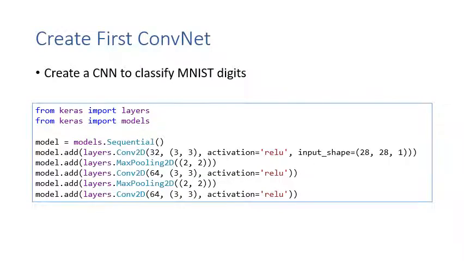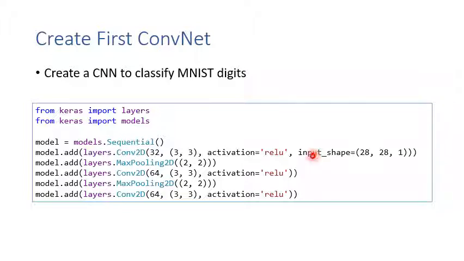Let's create our first ConvNet using Keras to classify MNIST digits. Again, we first import layers and models from Keras, and then create a sequential model. Once the model has been created, let's add a convolution layer into the model.